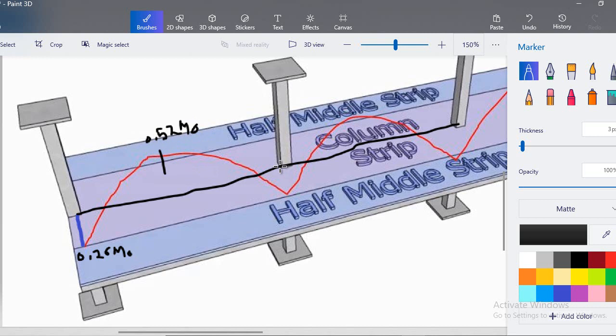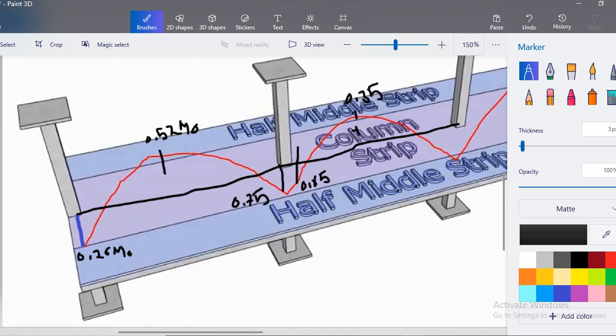Similarly, remember this is the first interior support and this is the exterior face of the first interior support. So here the negative moment coefficient is 0.75, and similarly for this side it is 0.65, and for this positive moment it will be 0.35.